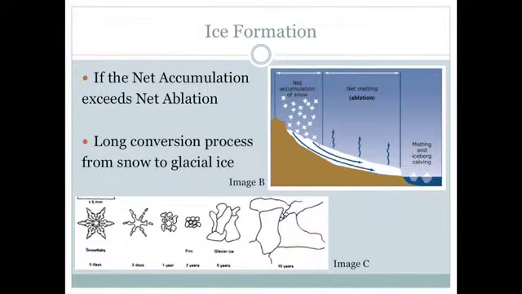Okay, so as said, we'll start with glacial processes. Now, in order for a glacier to be formed or grow, the net accumulation must exceed the net ablation in a set period of time. So, in other words, the glacier is split up into three parts.